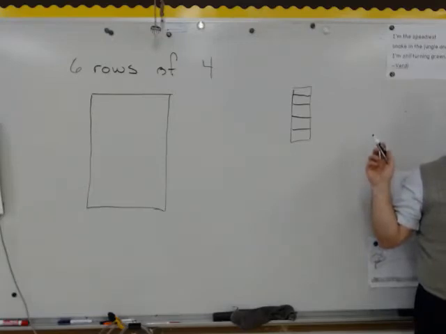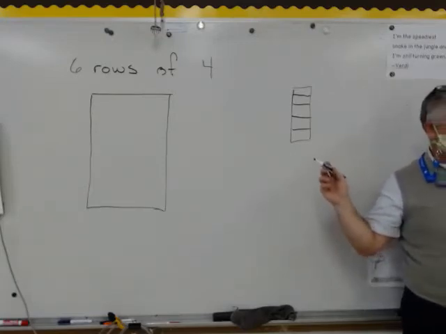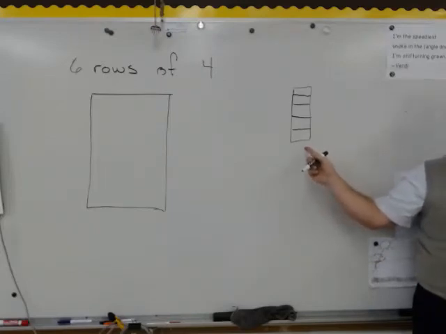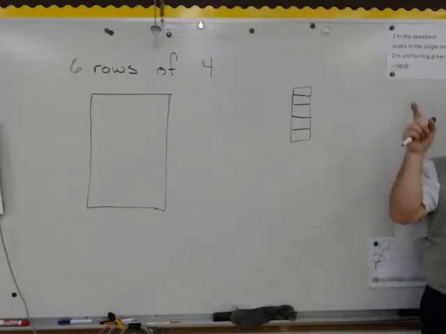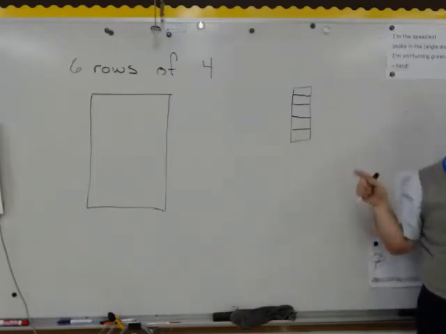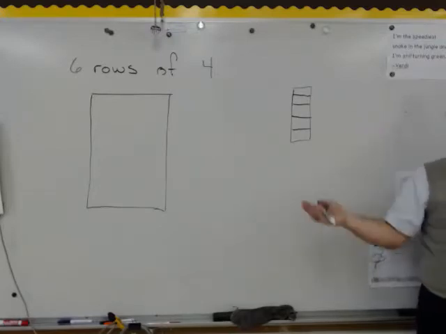Every time I make a line, or however many lines I make, I end up with 1 more piece, right? So if I made 8 cuts or lines, how many boxes would I have? I would have 9 boxes.